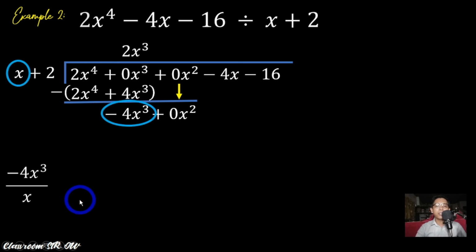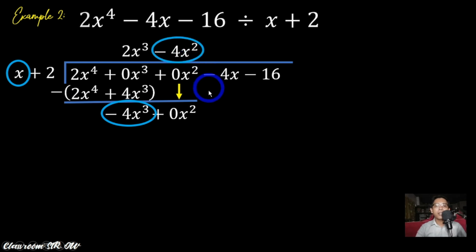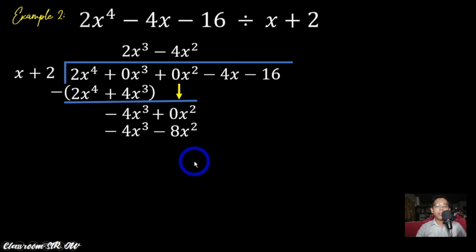Of course, that is negative 4x cubed over x is equal to negative 4x squared. So we have negative 4x squared as our quotient. And after this, we are going to multiply again negative 4x squared by x. That is, of course, negative 4x cubed. And negative 4x squared times 2 is negative 8x squared.